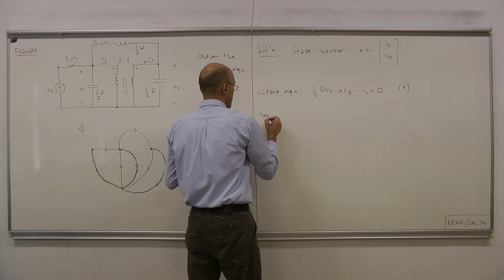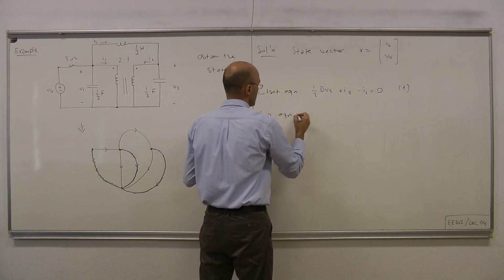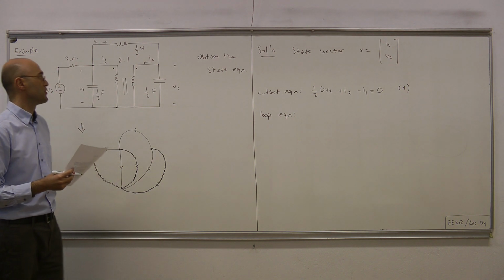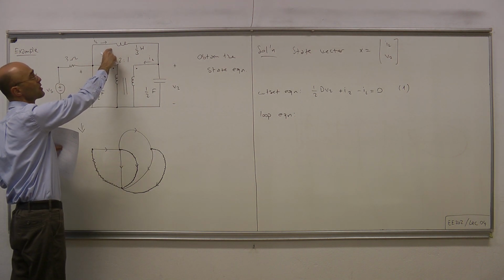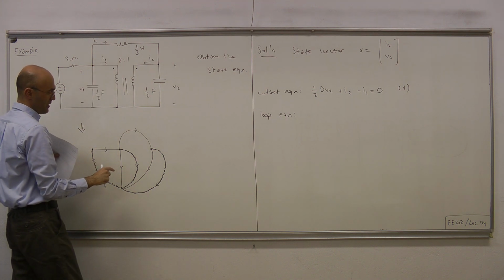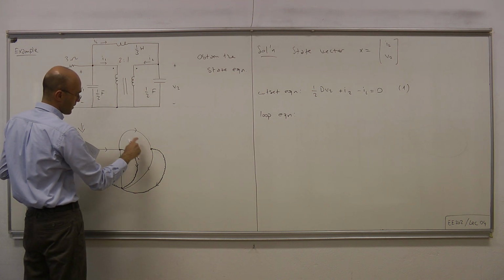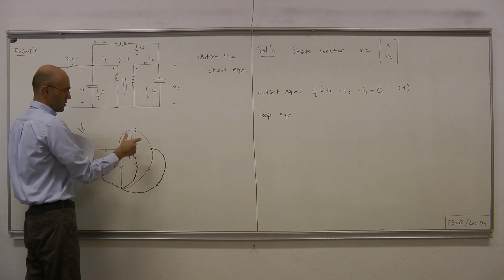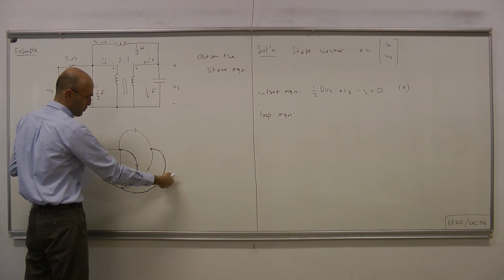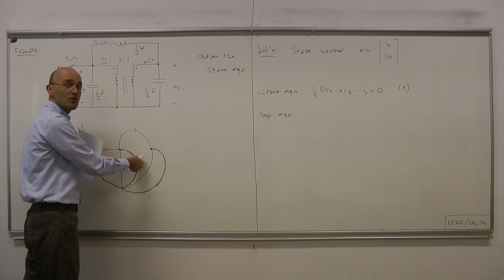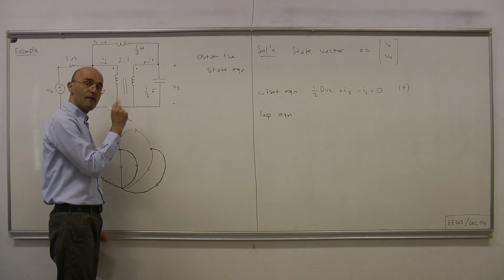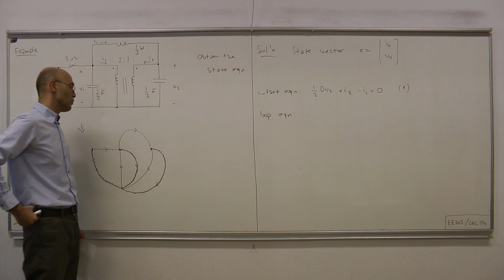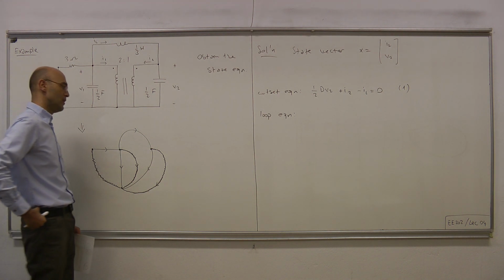And for the KVL part, let's look at the loop equation defined by the branch representing the inductor. The fundamental loop contains this branch and that branch. Remember that a fundamental loop is such that it contains only a single branch from the co-tree and all the other branches coming from the tree.